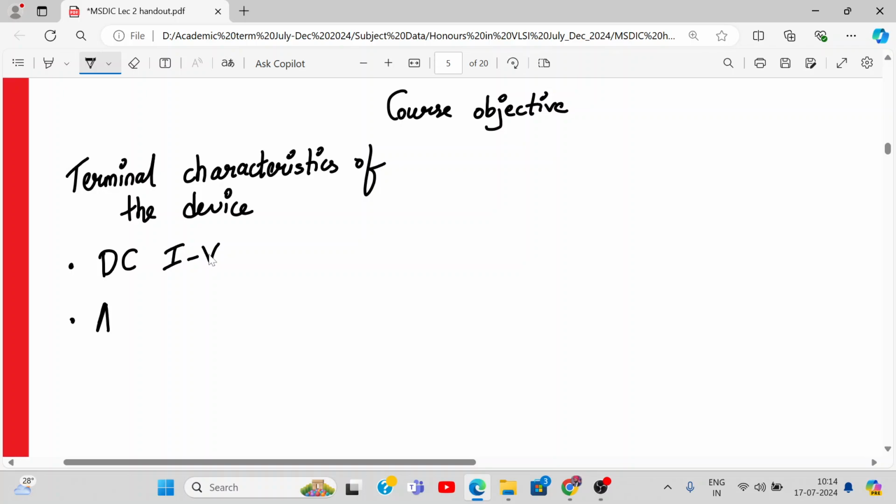Then we have AC steady state characteristics, which we can also call AC small signal IV. IV stands for DC current versus voltage, or AC small signal current versus voltage.